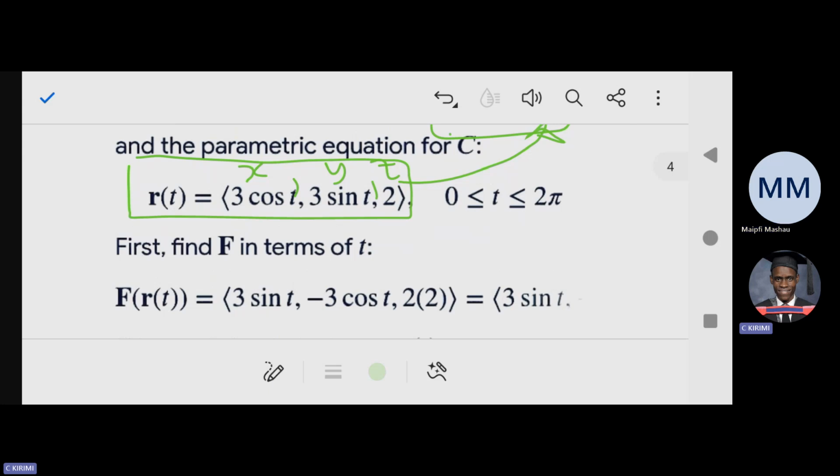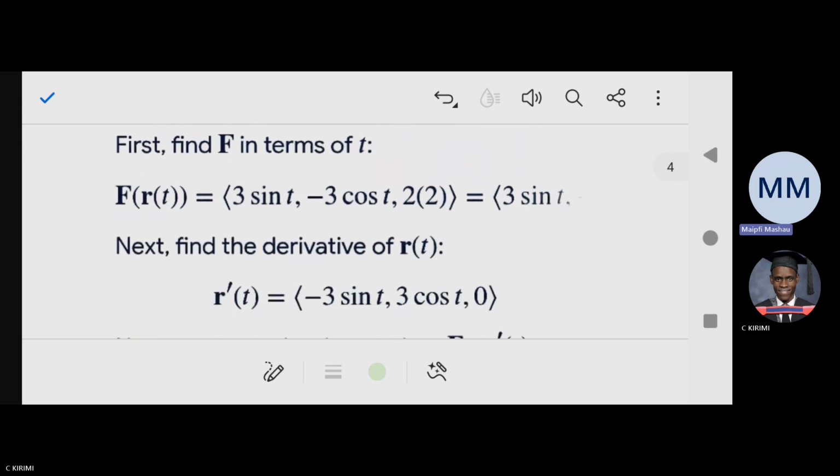So where there was that f, we are putting in the values of r of t, which is that parametric equation. Where it was originally just x, y, and z, you replace x, y, and z with those variables for r and t. Any question? No, that one I understand. You are placing the parametric equation into the given equation.